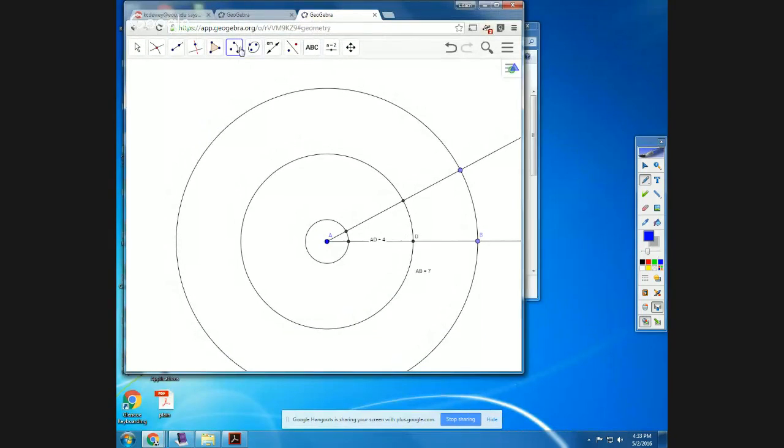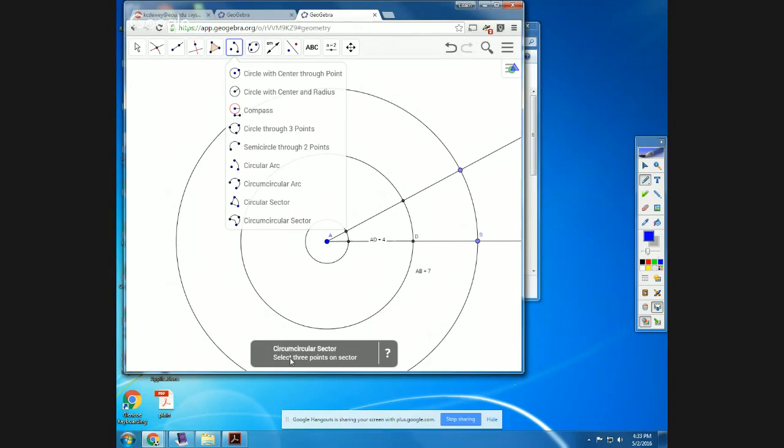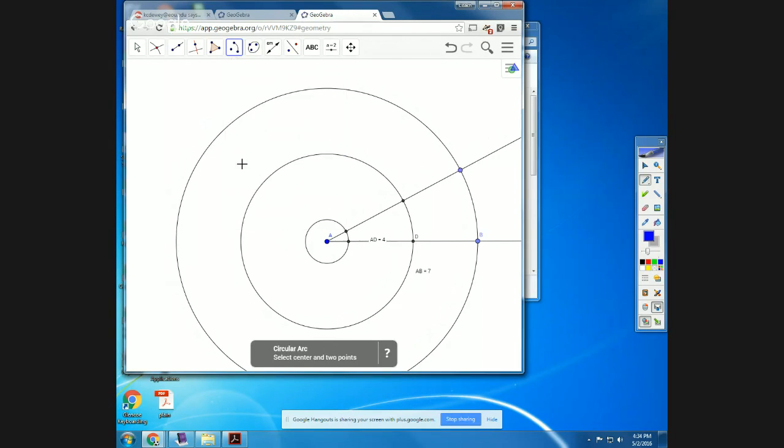Select center and 2 points. Okay, so if I go here, here, and here, it gives me that arc right there.